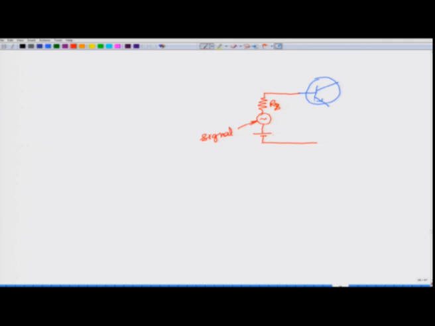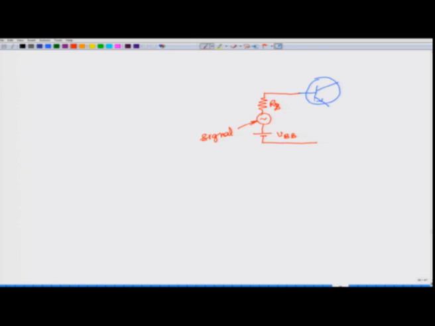The bias voltage VBB, which is here maybe in volts, 2 volts, 3 volts like that, but then the signal is very small as compared to that, and it is time dependent. So, now your input voltage is becoming time dependent, and it is riding on this.